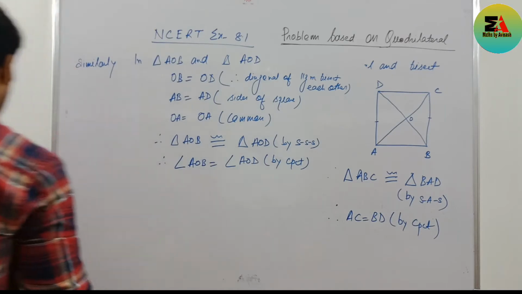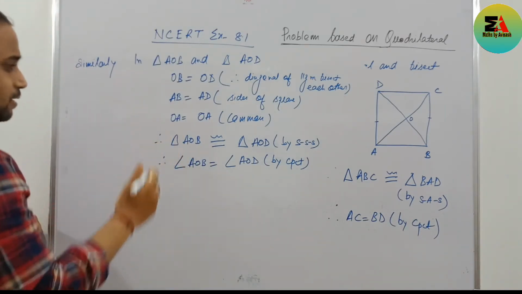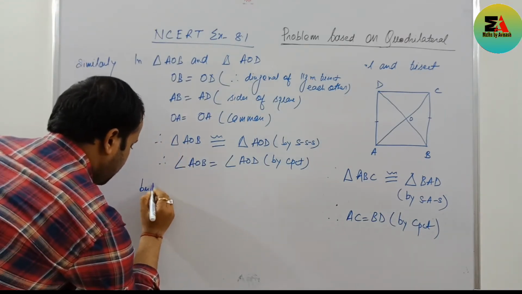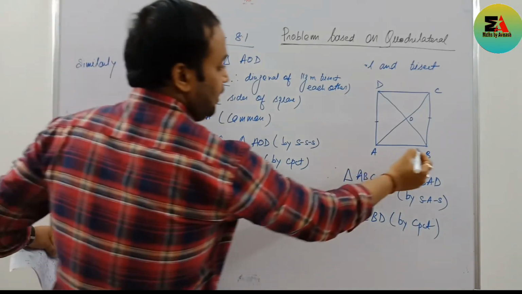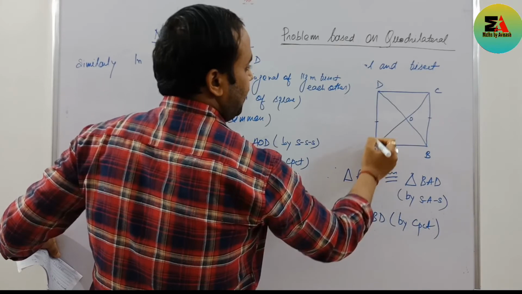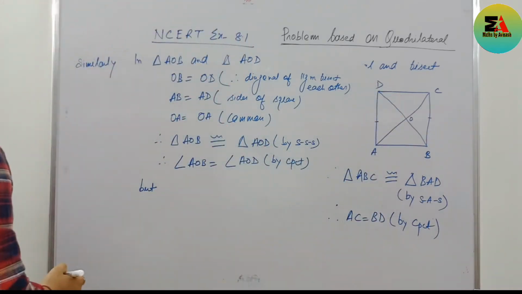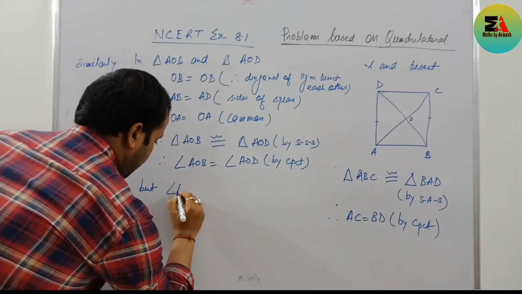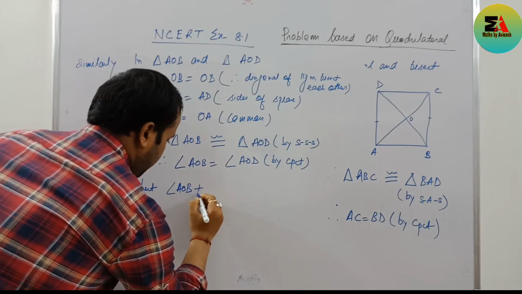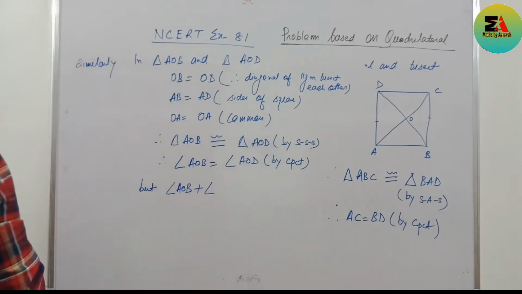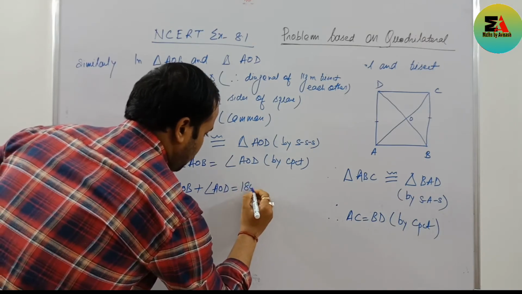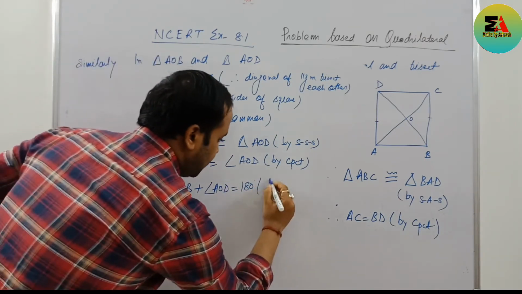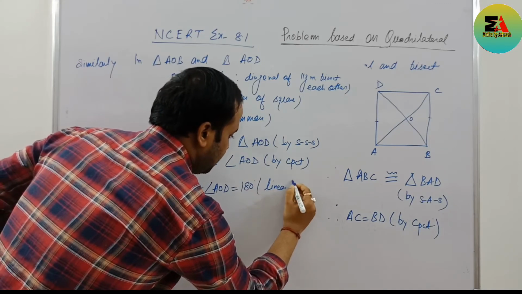We know that angle AOB and angle AOD form a linear pair. Right, angle AOB plus angle AOD equals 180 degrees. What is the reason? Linear pair.